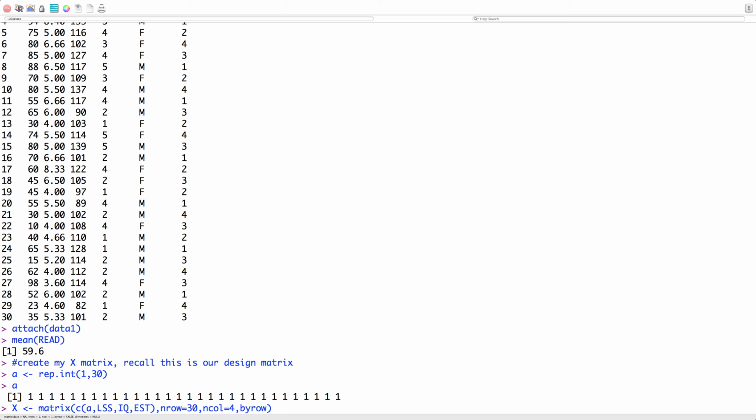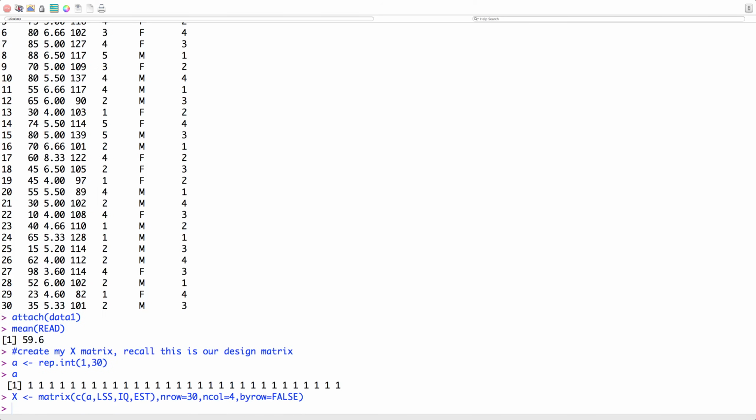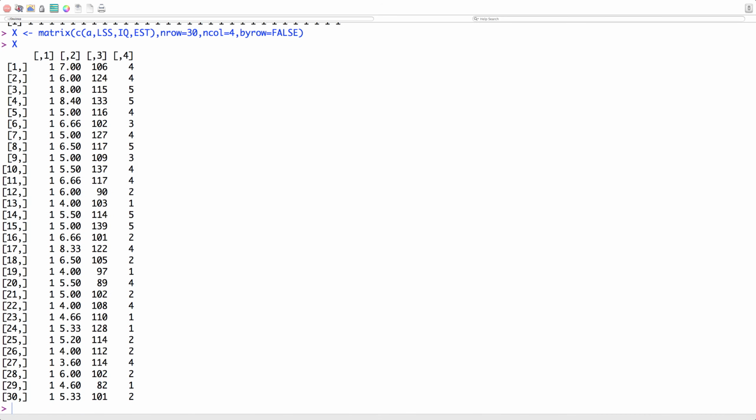And I've got to tell the program that I want by row to be false. I didn't enter my data by row. I actually entered it by column, first column, second column, and so on. So guys, when I do that, I always like to just check it, and you can see I've got my matrix X, which works out really cool.